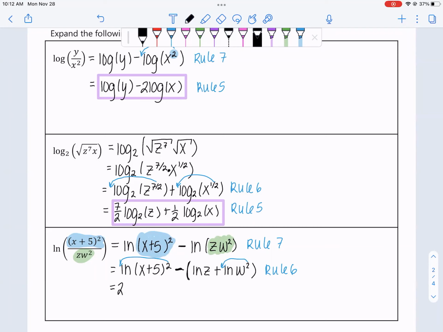So I have 2 ln of (x plus 5) minus (ln z plus 2 ln w). And then I'm going to distribute the negative. I get 2 ln of (x plus 5) minus ln of z minus 2 ln w.